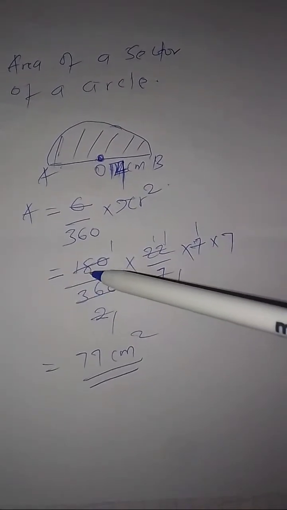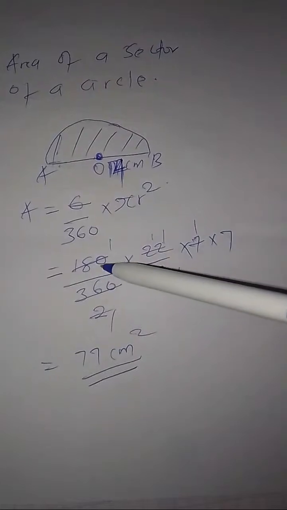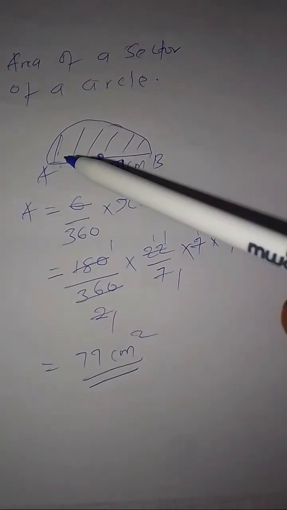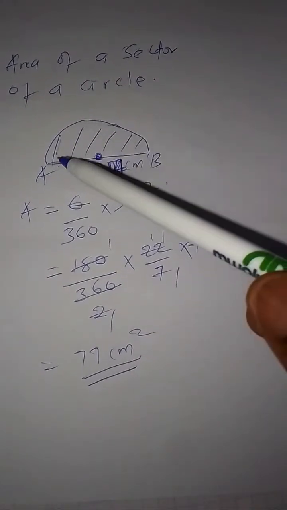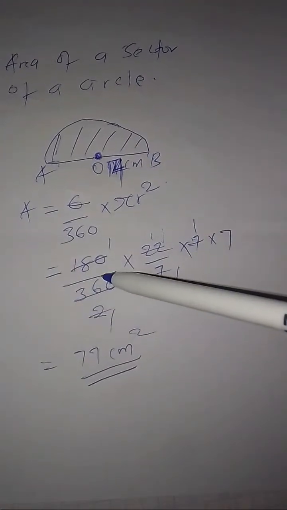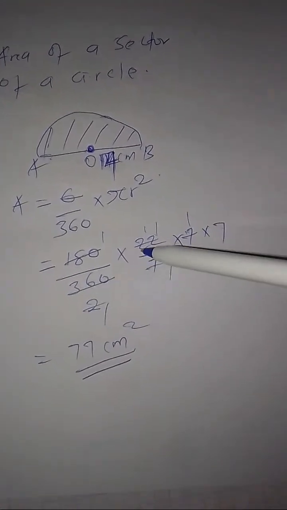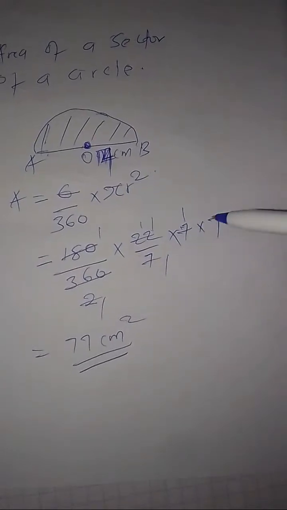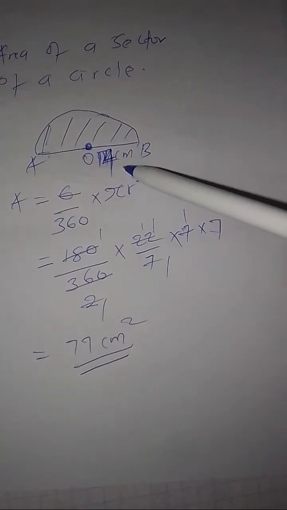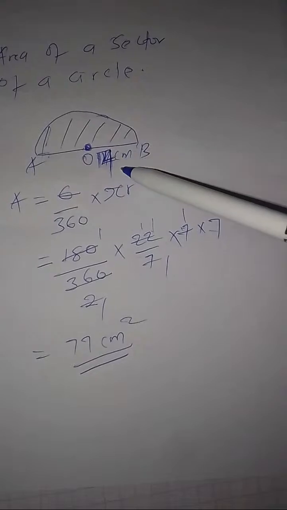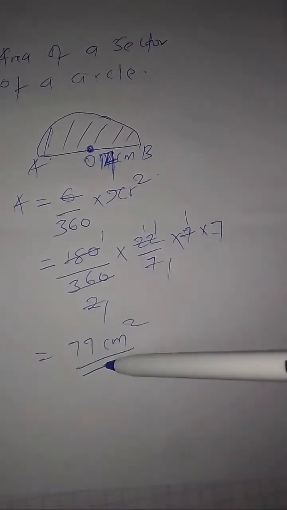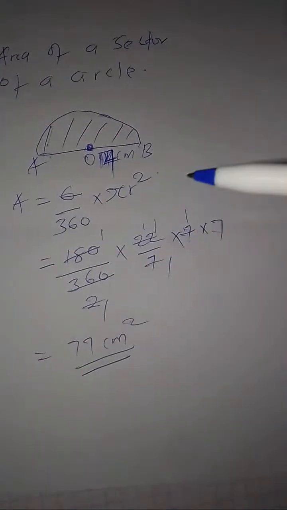That's why we're having 180, because this figure here has an angle adding up to 180, over 360, multiplied by 22 over 7 times 7 times 7, because we are trying to find what is called the radius. So we shall have 77 square centimeters.